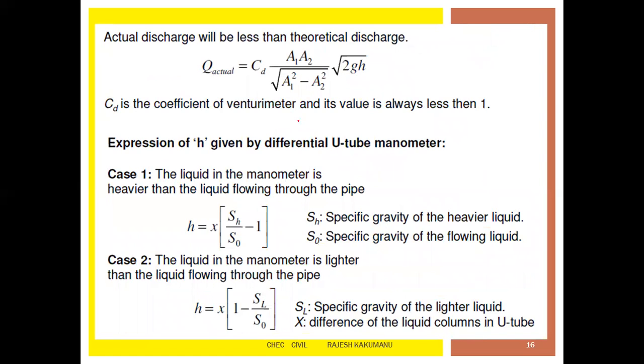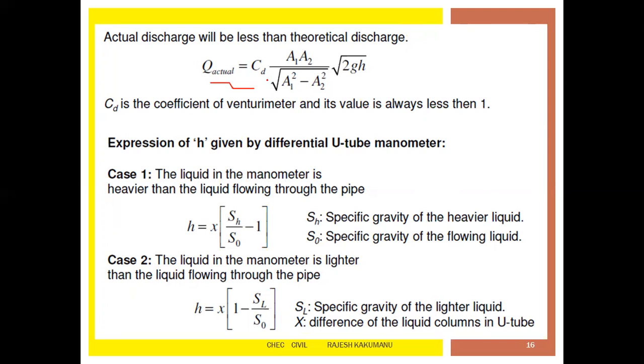Now, the actual discharge will be less than the theoretical discharge. So what is the actual discharge Q? Q actual is equal to CD into A1 A2 divided by root of A1 square minus A2 square into root 2GH.